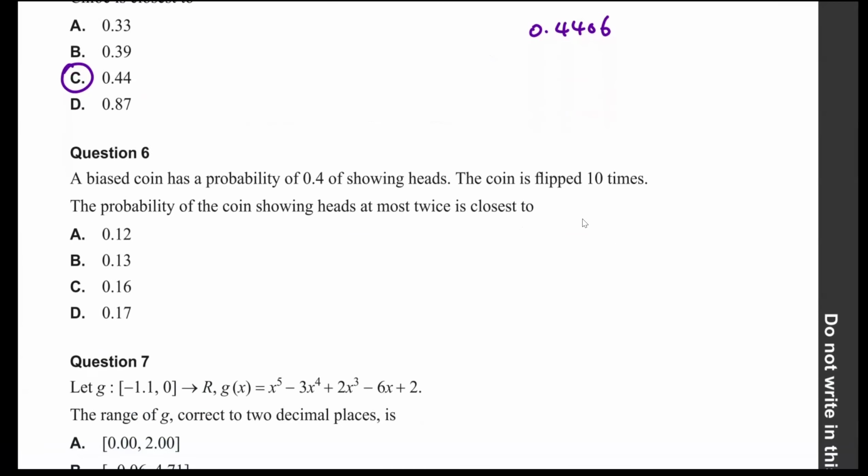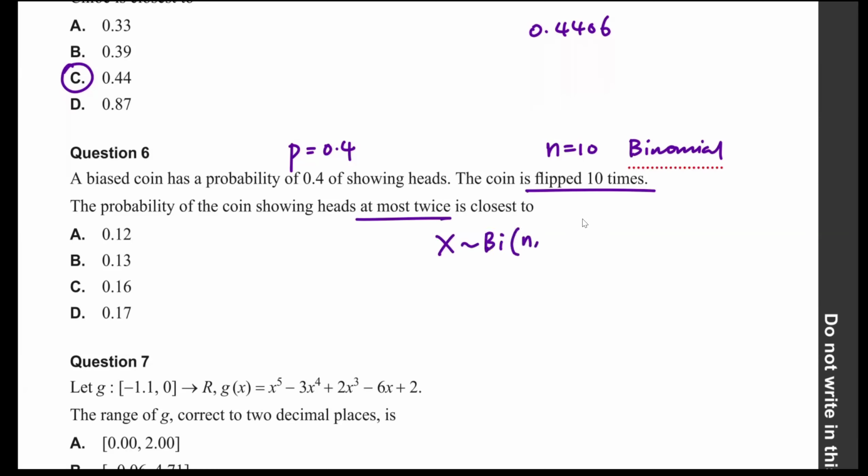A biased coin has a probability of 0.4 of showing heads. So p equals 0.4. Flip 10 times, n is 10. So this is a binomial. I would like to get at most twice. That means if X is a binomial, then I want the probability of X less than or equal to 2, with X greater than or equal to 0.